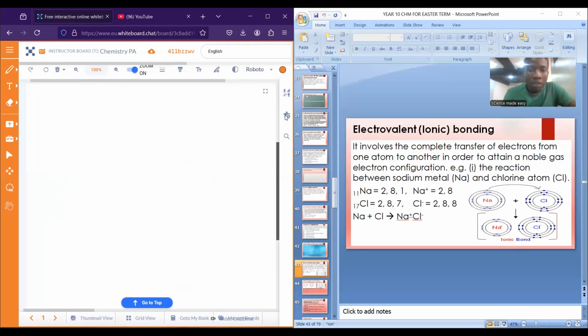So let's combine them together. Like sodium now, 2, 8, 1. 2 electrons there. Let me use this to make it here.